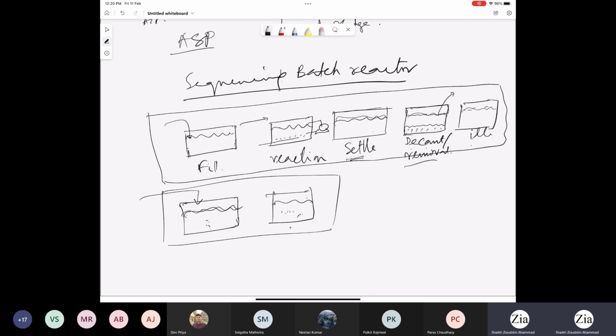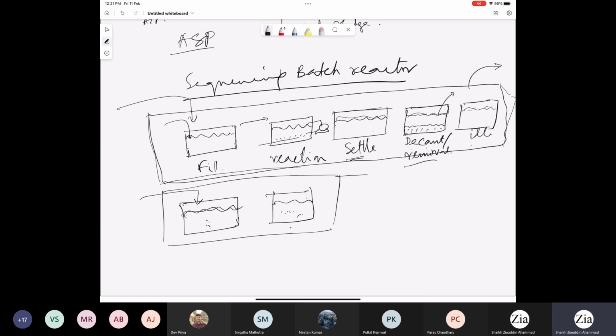In that way, you can operate the entire scheme in a continuous mode, because one of the other reactors will be empty and can receive the fresh feed. Although your operation is in batch mode, when you look at the bigger scheme, if you put everything in a single box, you will have only one input and one output from the bigger box.